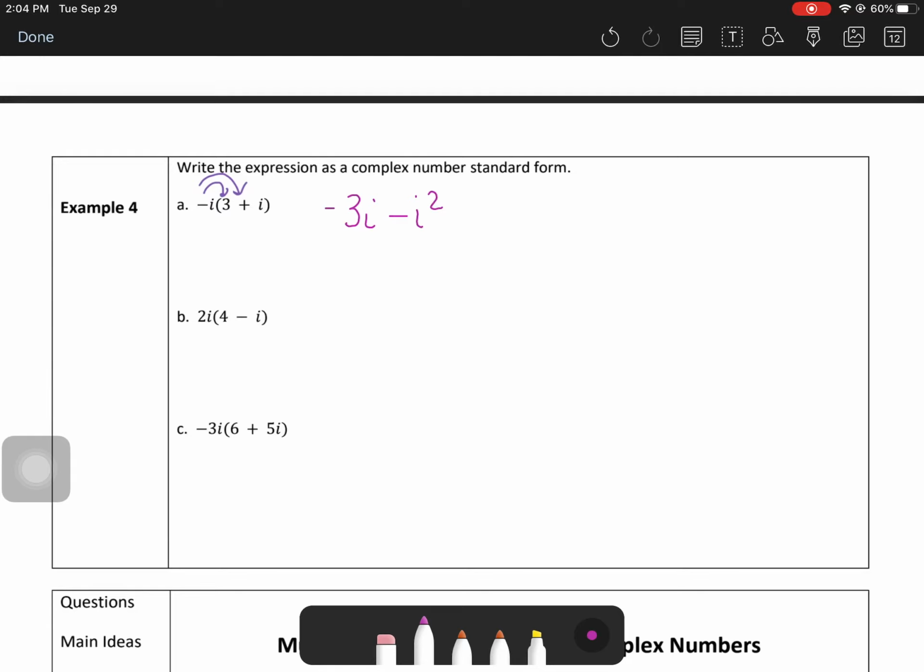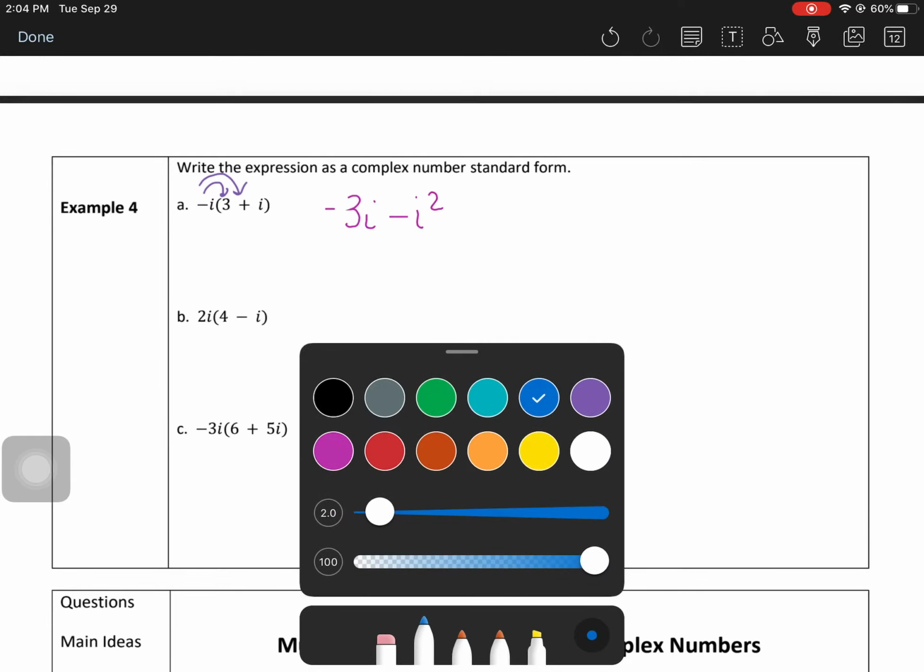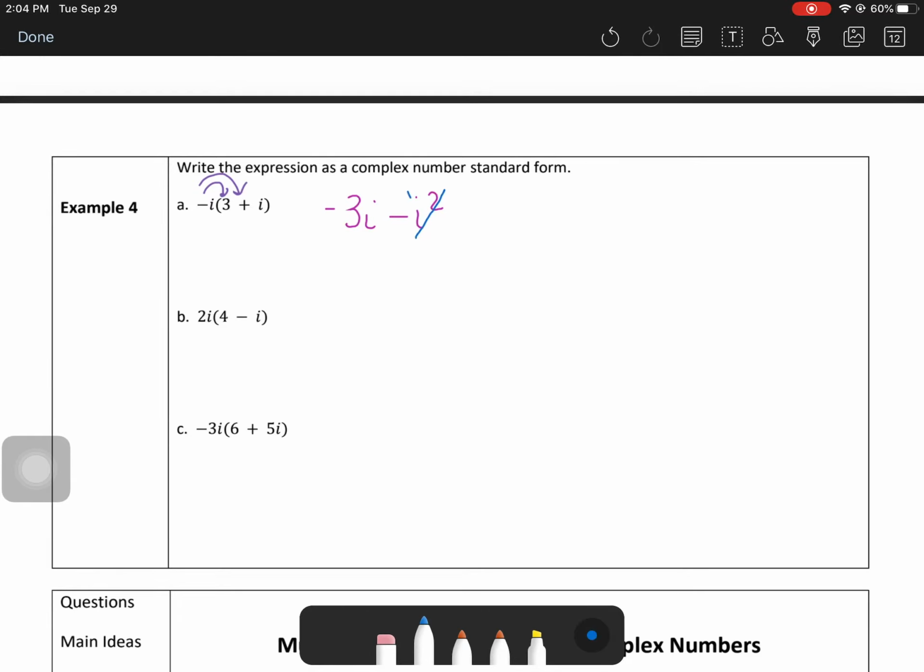But what we discovered was that i squared really means negative 1. So we have negative 3i minus negative 1. Minus a negative is a plus, and when we write our final answer, we always write the real part first. Whoops, forgot my i. And then the imaginary part. So it's a positive 1 and then minus 3i.